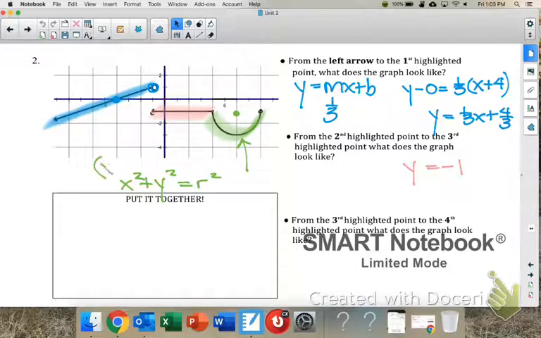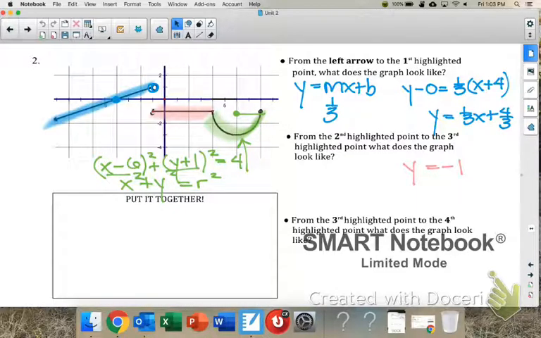So that would be x minus 6 squared plus y plus 1 squared equals, then this has a radius of 2, so 2 squared is 4, right? So we're going right 6 and down 1 for the center.